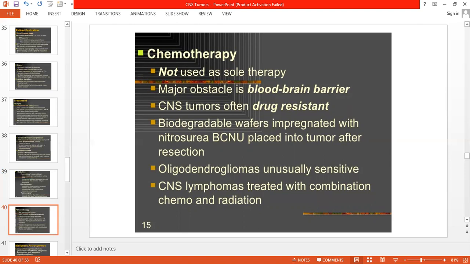These are called biodegradable wafers or tumor chemotherapy, which is placed after tumor resection or partial removal of the tumor, placing these biodegradable wafers within the tumor. Some tumors are though chemosensitive, like oligodendroglioma or CNS lymphoma.